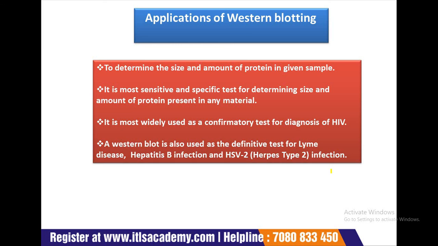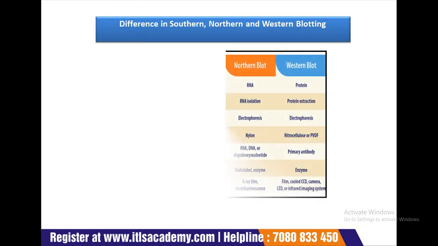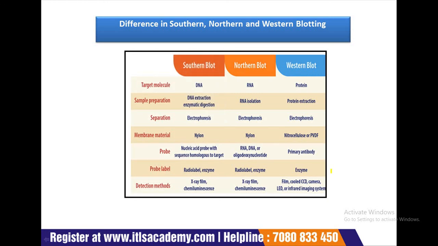A Western blot is also used as the definitive test for Lyme disease, hepatitis B infection, and HSV-2 herpes type 2 infection.